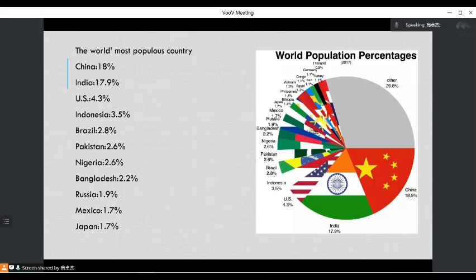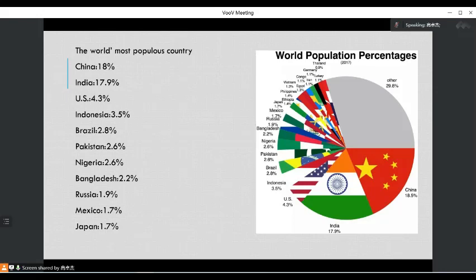You are right. Now, look at this picture. In addition to those dozen countries I introduced to you, the remaining more than 100 countries have a total population of about 29% of the world's total population.